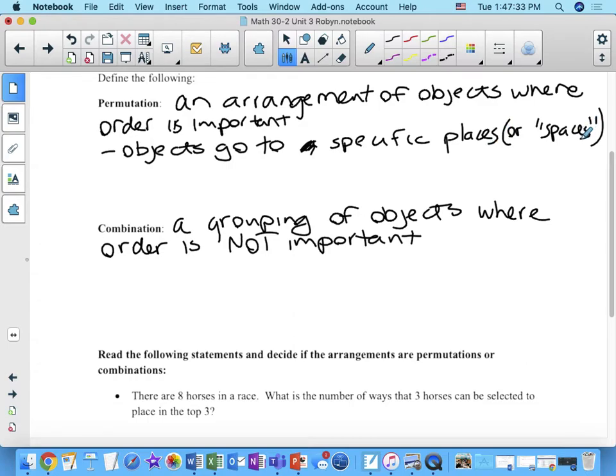That's a better way of putting it. In a combination, all of the objects are going to one place or one bowl or one bag. All objects go to the same place.